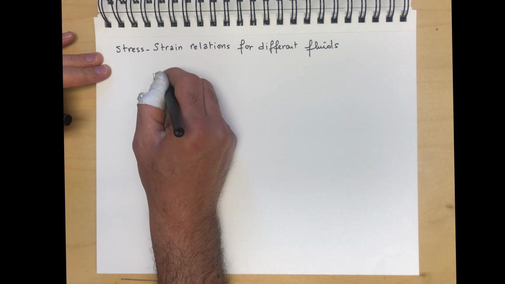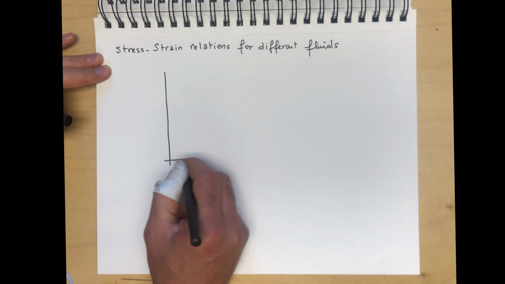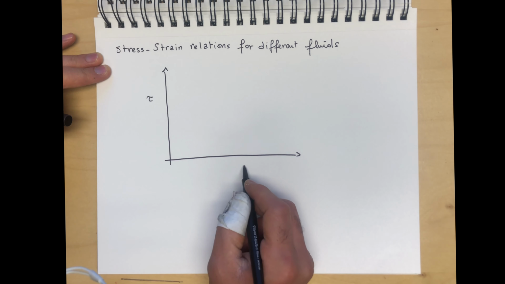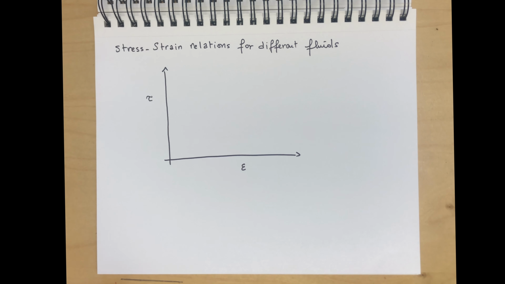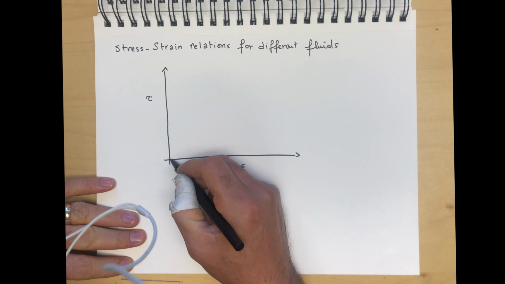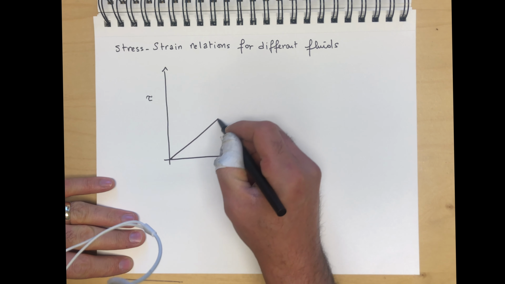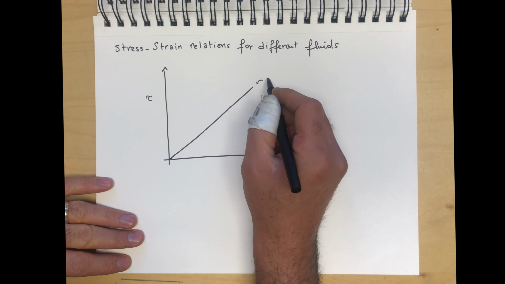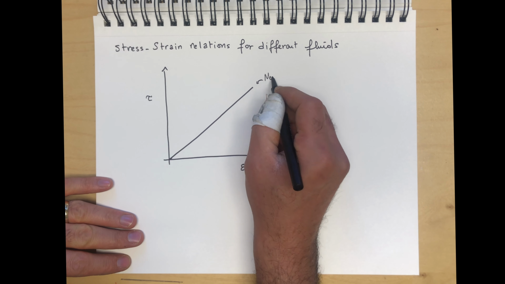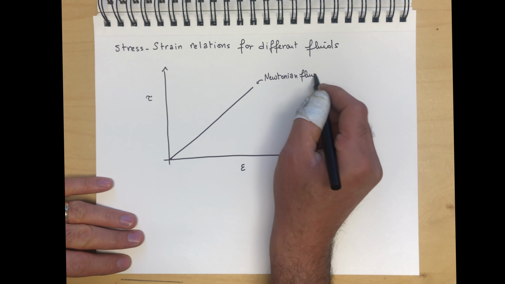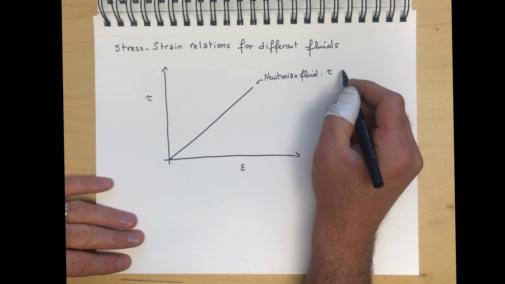If you plot roughly the stress versus the strain, your most basic fluid, your most simplest material, is one that is going to react linearly, and that we call a Newtonian fluid. In this case, tau is equal to k epsilon.